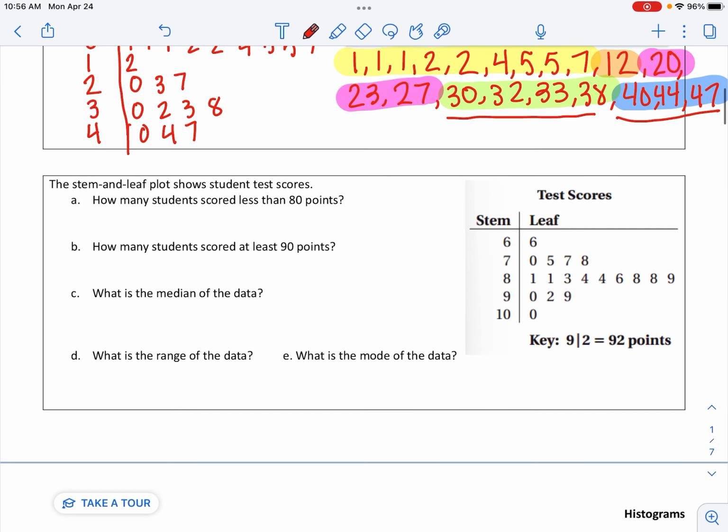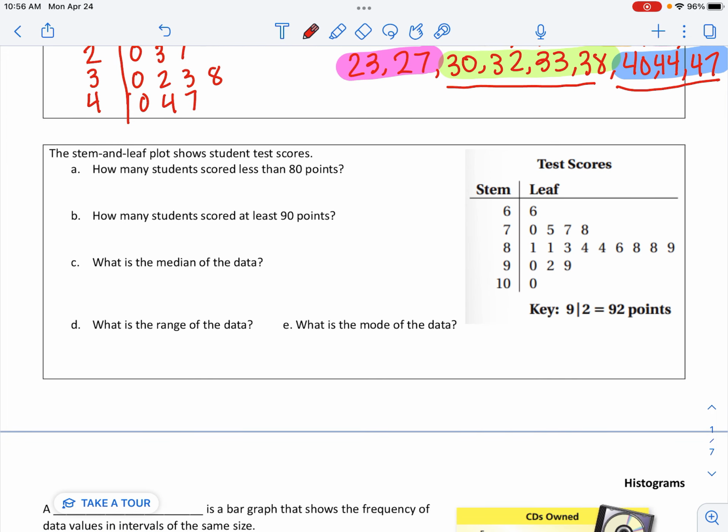So, next question. This stem and leaf plot shows student test scores. How many students scored less than 80 points? So I have to find 80 points on there. So we know that 80 represents 80. So this is 81, 81, 83, 84, 84, 86, and so on. Well, we want to know who scored less than 80 points.